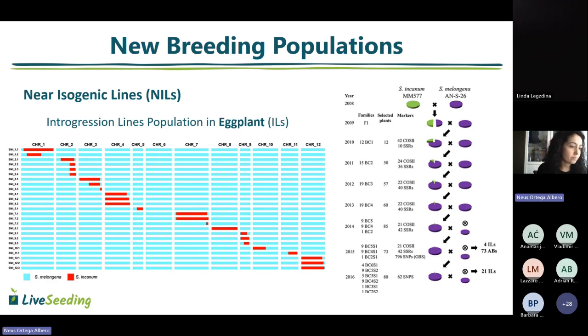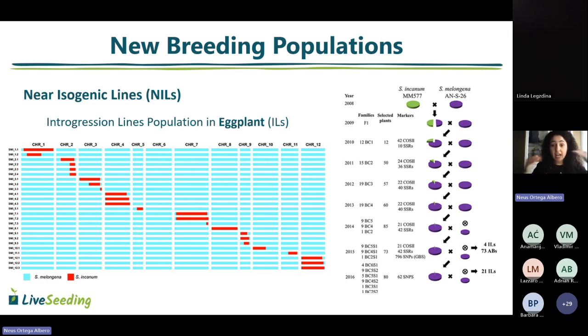Okay, so each line in the ILs population has a different portion of the traditional variety. So with all the introgression lines, we have represented by portions all the donor genome into the commercial genome.